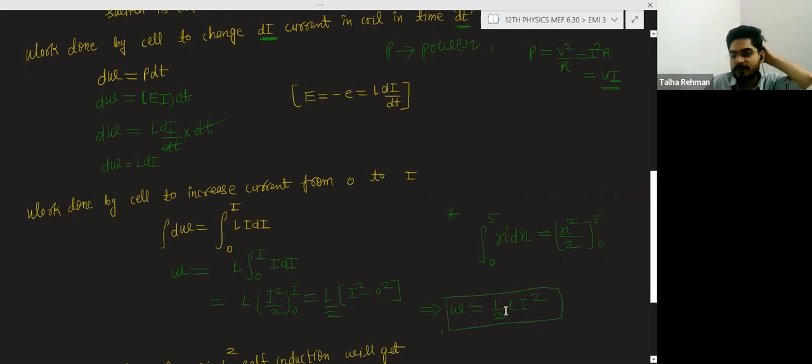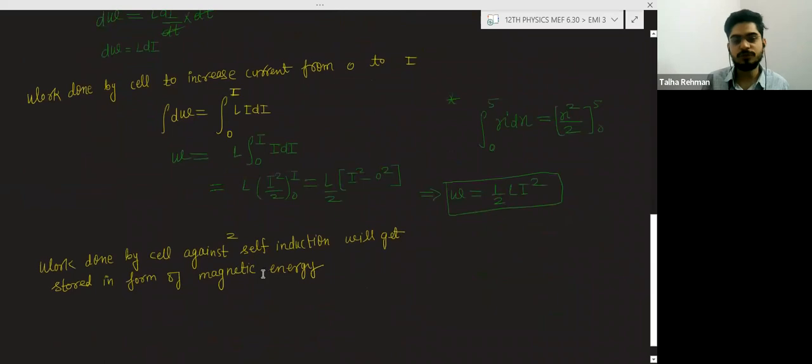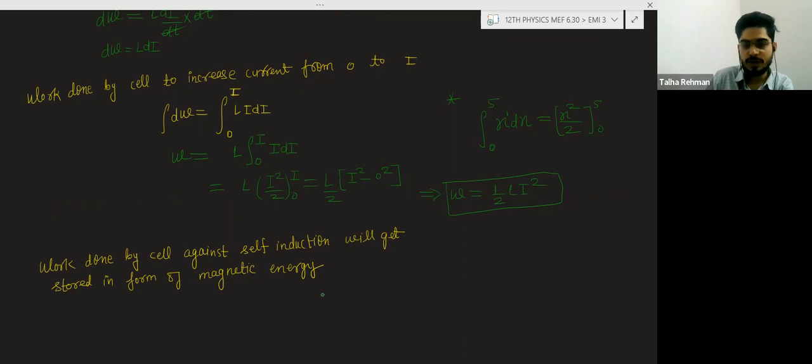And this total work done will be equal to the magnetic energy stored in the inductor. I have told you, work done by the cell against self-induction will get stored in the form of magnetic energy. So this magnetic energy will be equal to the work done. You can say that your magnetic energy will be half Li square.